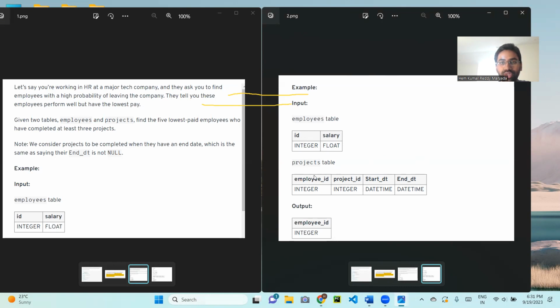So we can join these two tables on ID. Here they are referring to ID, but as this is an employee table, this is employee ID. We can join these two tables on employee ID.